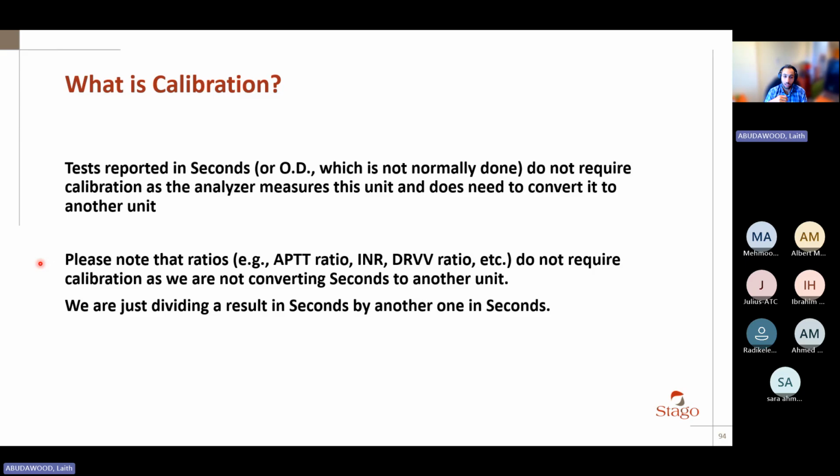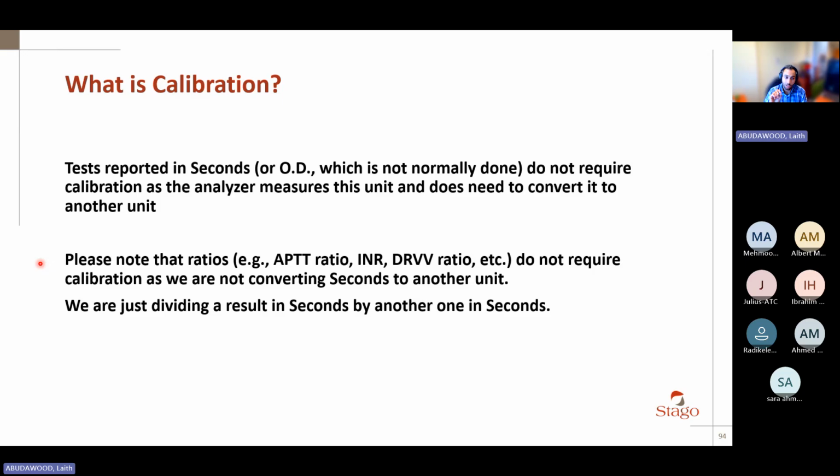Normally, okay? So to report a ratio, often you do not need a calibration. Understood? Because a ratio is not a different unit. It's not something different. I already have the patient result. I already have the reference time. I'm not converting anything into something else. Understood? So no change in units, no new calculations, no nothing. I'm just dividing one result by the reference time. So that's it. Ratios do not require calibration.